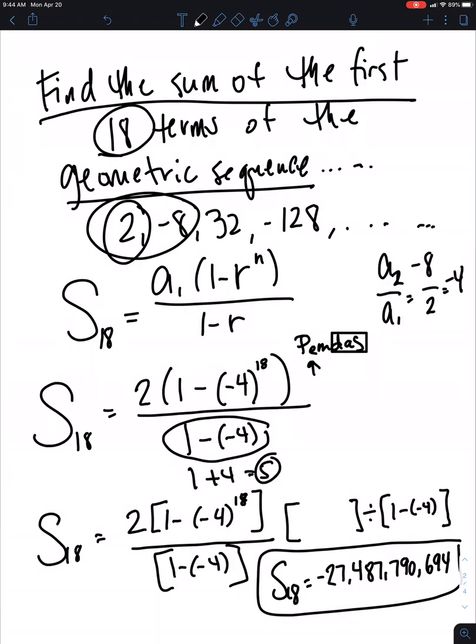Okay, so that's the sum of the first 18 terms. So again, be careful putting this in the calculator correctly. What that means is maybe you do -4 to the 18th power. Then you do 1 minus that number. Then you multiply it by 2. And then you divide it by the other number.